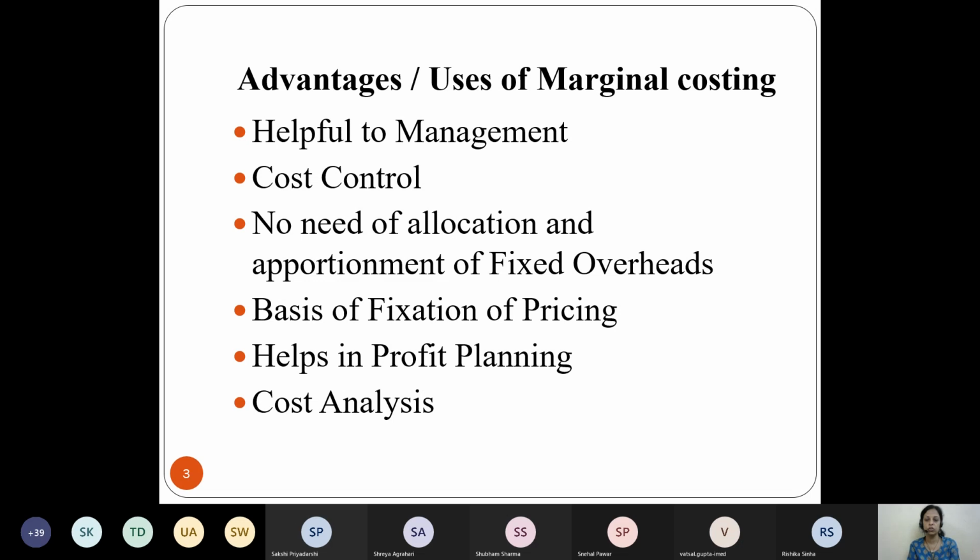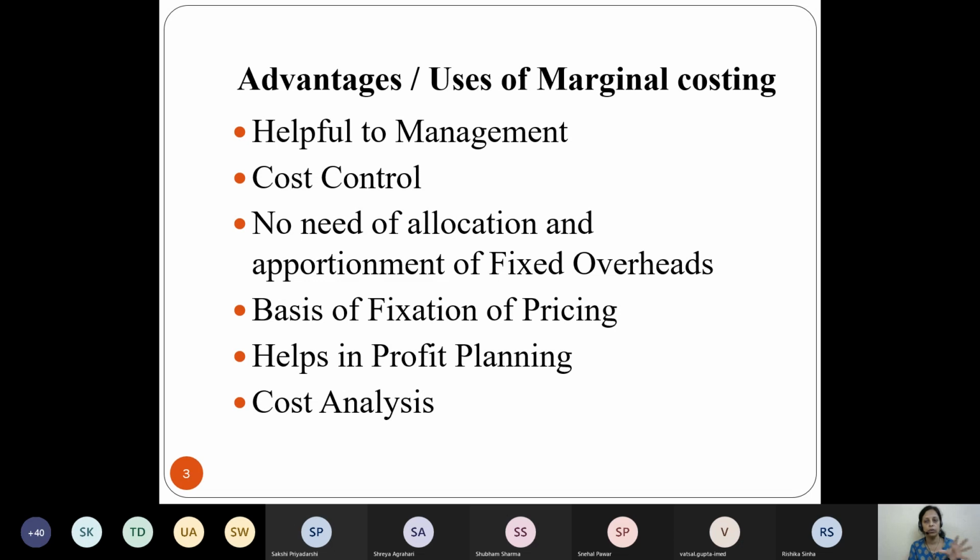Then, basis of fixation of price. Marginal cost is the basis of fixation of the price of the product. That is the usefulness. It becomes easy to decide the price of the product and to earn the profit. Then it helps in profit planning. Afterwards, we are going to see cost volume profit analysis.